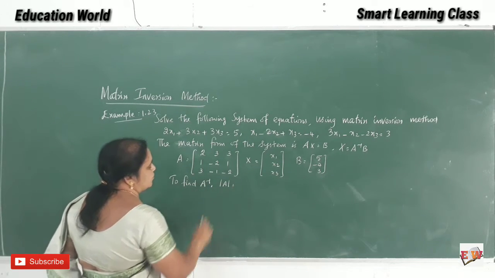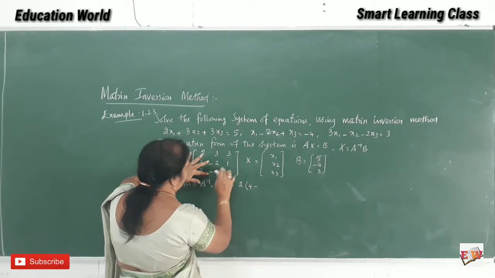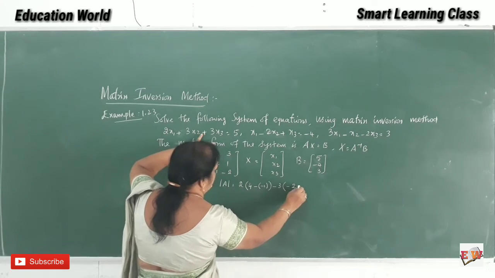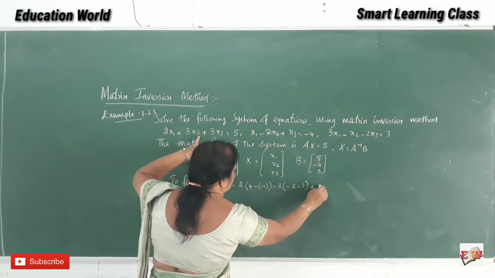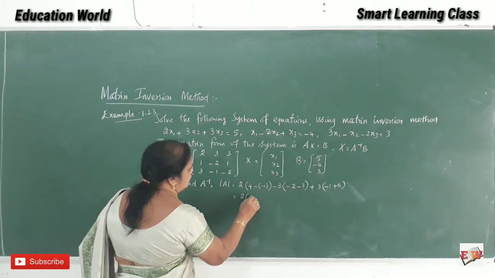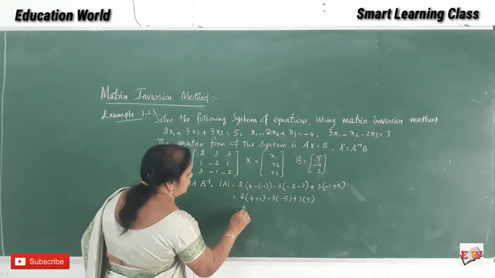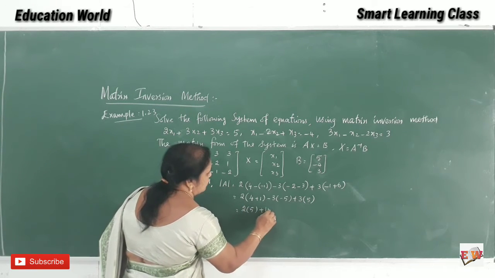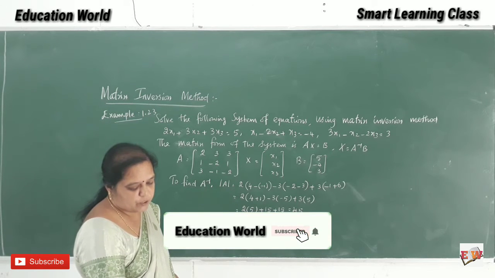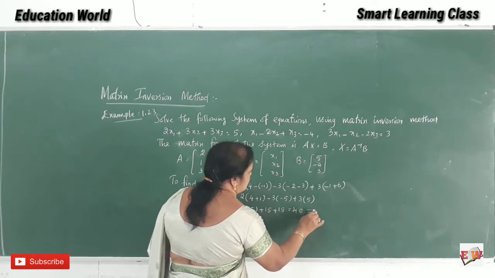To find A inverse, first we find the determinant of A: 2 into (-2 into -2 plus 4), minus of (-1 minus 3) into (1 into -2 minus 3)... simplifying, we get the determinant of A equal to 40, which is not equal to 0.